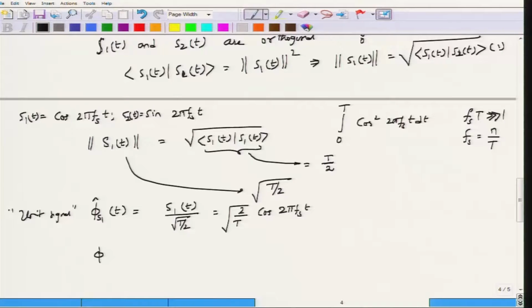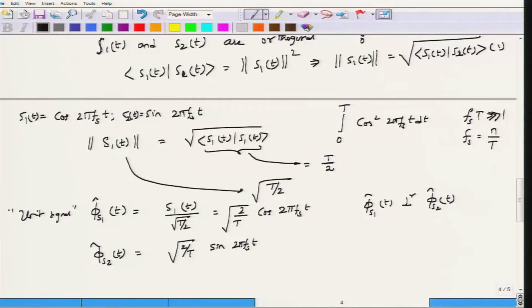Similarly, you can show that phi S2 of t can also be written as square root of 2 by T sin 2 pi fs t. Now, if you were to find out whether this phi S1 of t is really perpendicular, this is a shorthand notation, to phi S2 of t, orthogonal, you simply have to consider the inner product of these two.